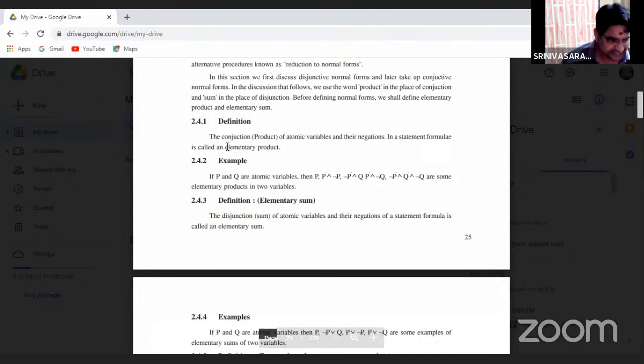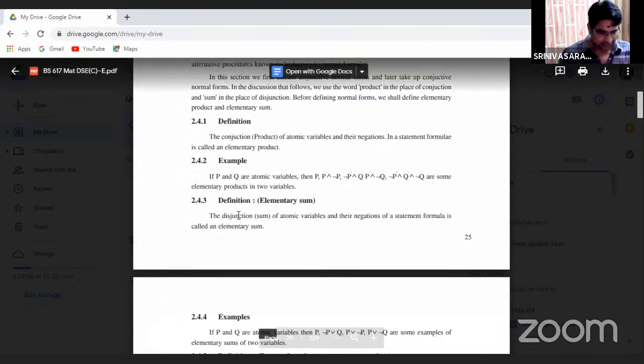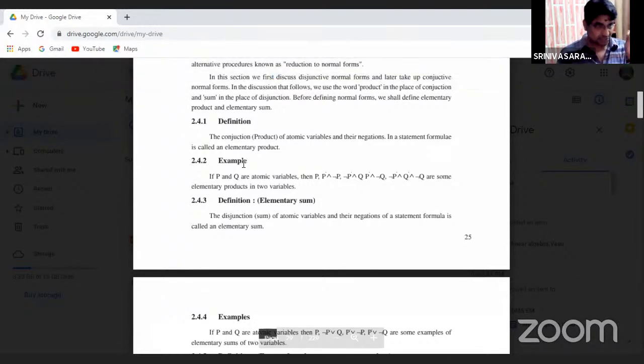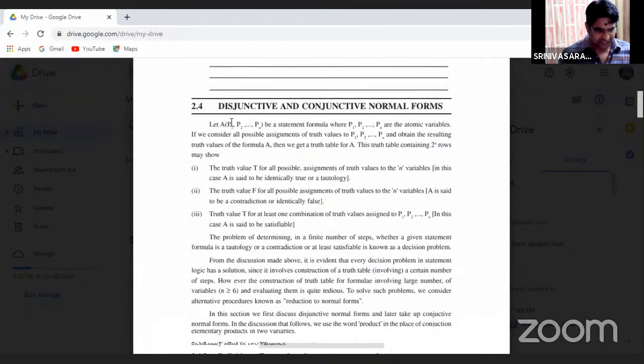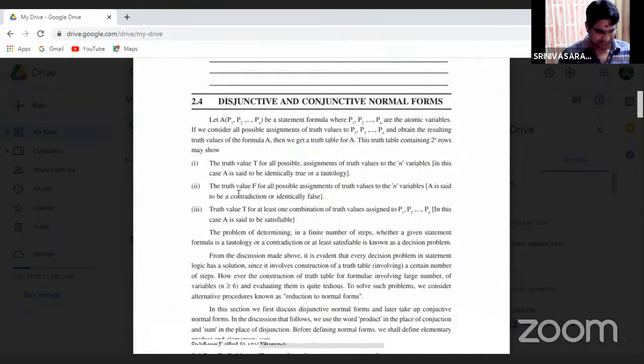What is the elementary product or elementary sum? It is the conjunction of atomic variables. Suppose capital A is one of the propositions; the atomic variables are those concerned in the statement.